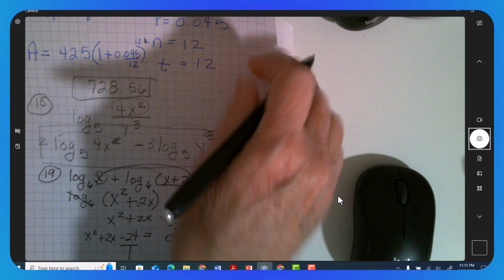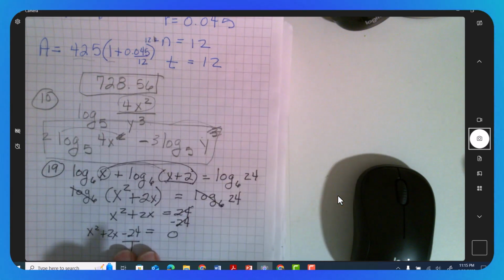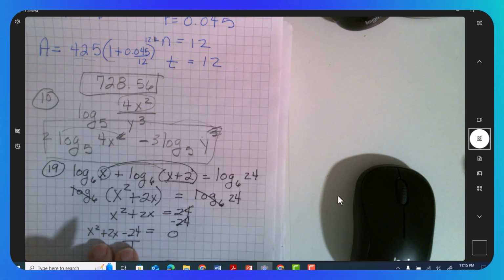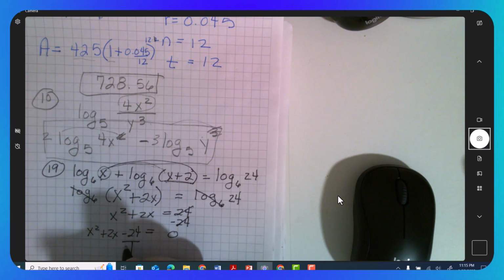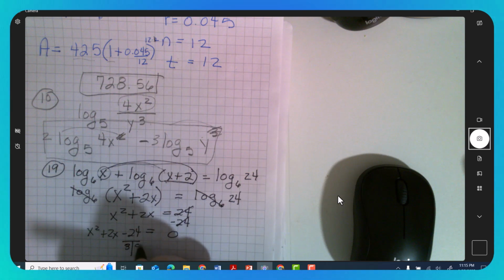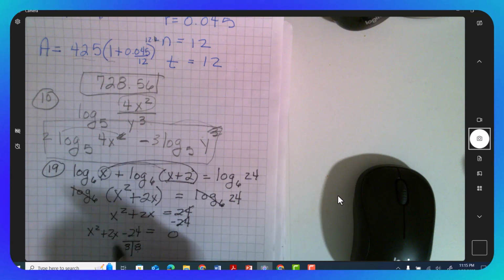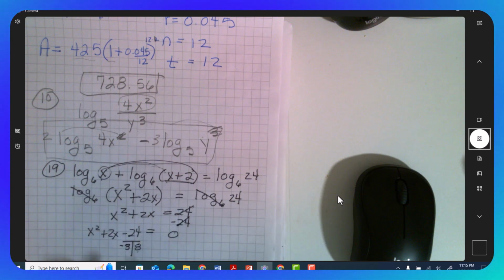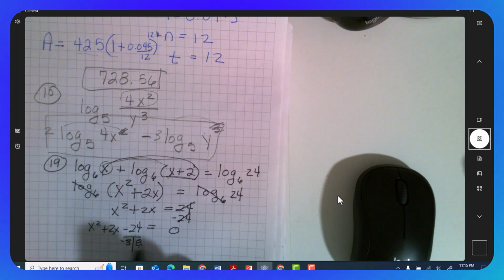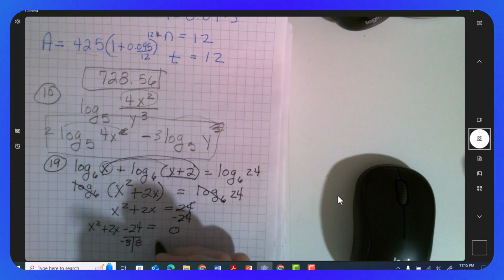Okay, the factors that multiply to give you -24 and add to 2. It's not going to be 1 and 24, not going to be 2 and 12. Let's try 3 and 8. And that middle term is positive, so the 8, the larger number, needs to be positive. The smaller number needs to be negative, but when you add those together, you still get positive 5.